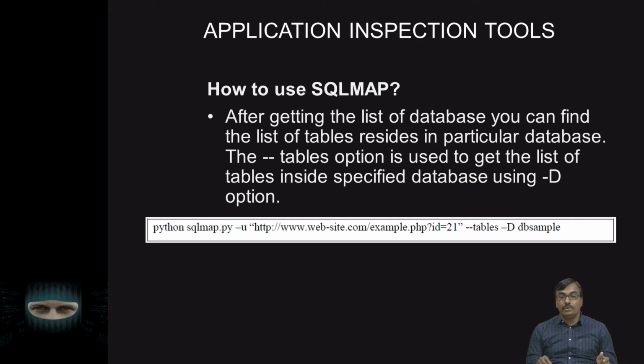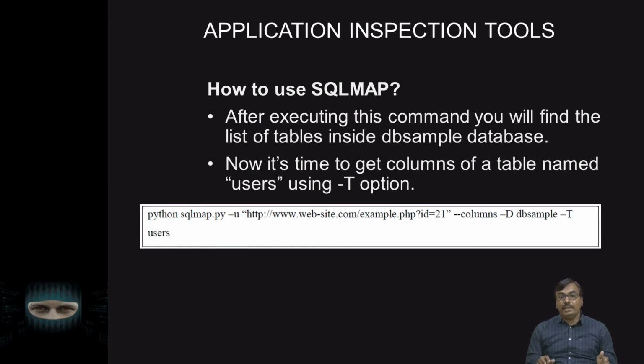Now you have a database name, and you also have tables. By executing this command you will get several tables. So after executing this command you will find the list of tables inside the DB sample database.